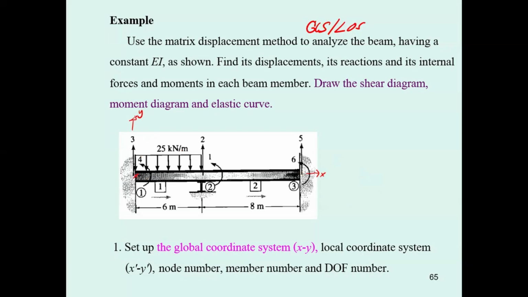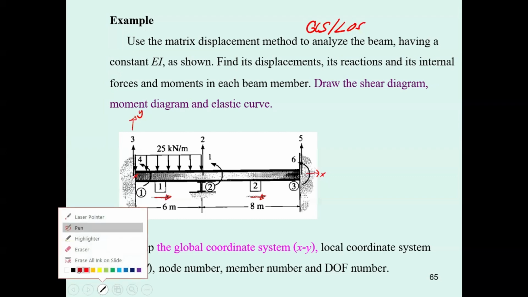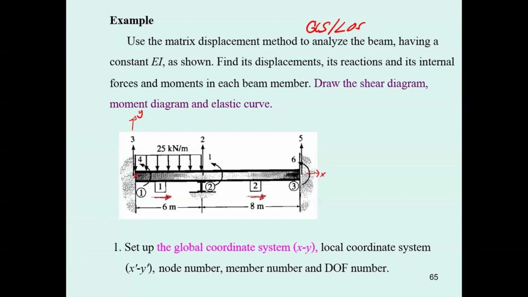You have practiced for this task already. Now, this is going to provide you with the local coordinate system, and you're going to get the same node number and also the same member number.